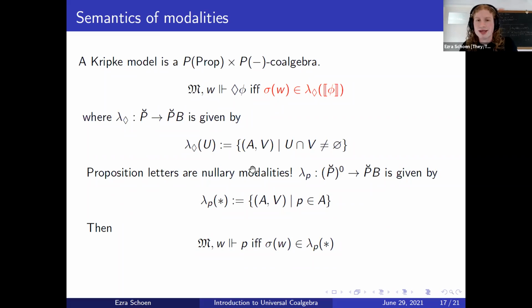And so if we want to give a set of possible unfoldings, then that will be a set of pairs where one of the components is a set of letters and the other component is a set of successor states. But of course, in defining this subset, we don't need to use both those pieces of data. So in defining lambda P star, I'm not using V at all. I'm only giving a condition on what A should be.